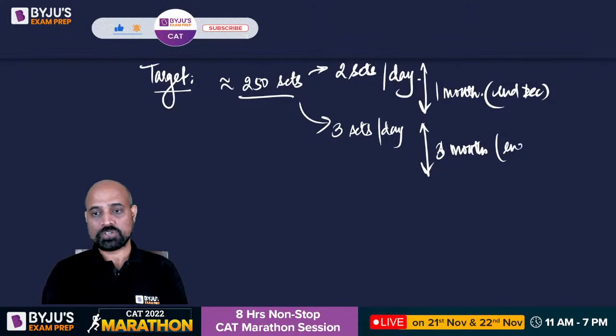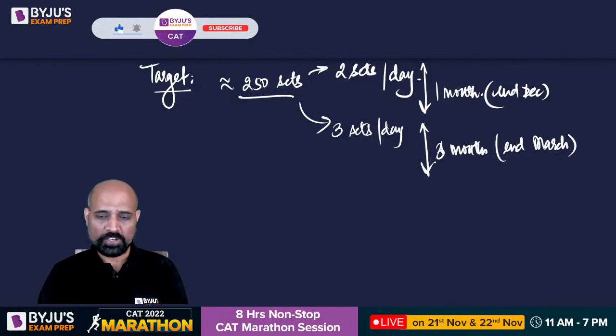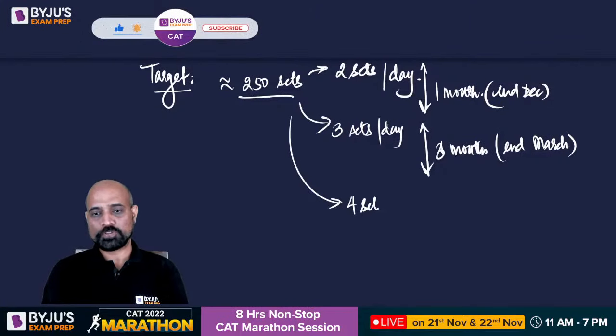Okay? So end of March. By then you will most probably have your college exams or projects वगैरह आने वाला होगा, so थोड़ा सा you'll have to improvise. After that, you will have to start with 4 sets per day.